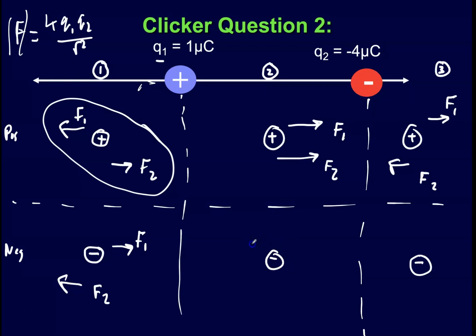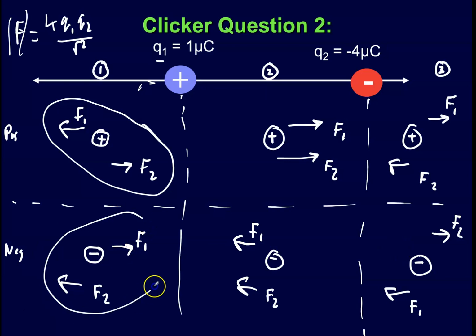In the middle here, again, you'd have them pointing in the same direction like this. And then finally over here, you'll end up having them move in different directions again. It's the same sort of rationale. So it's possible they could cancel out in region 1 or 3, but because you're always going to be closer to that -4, this is the correct region.